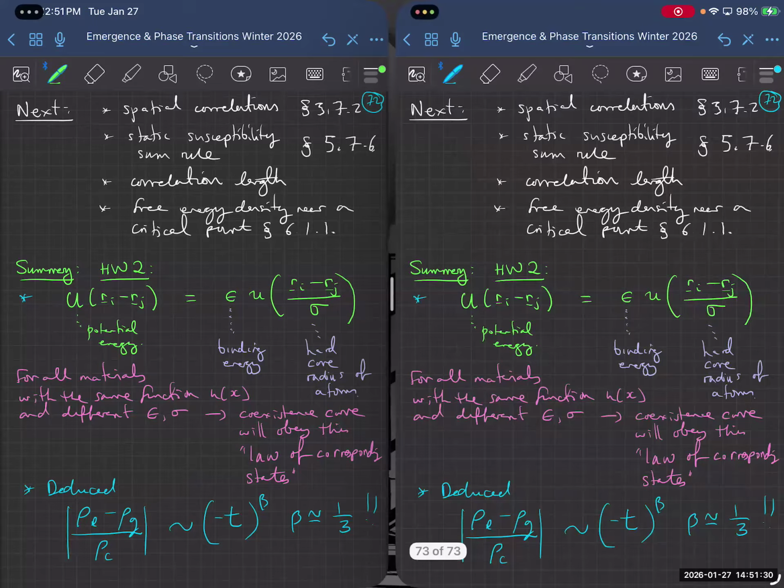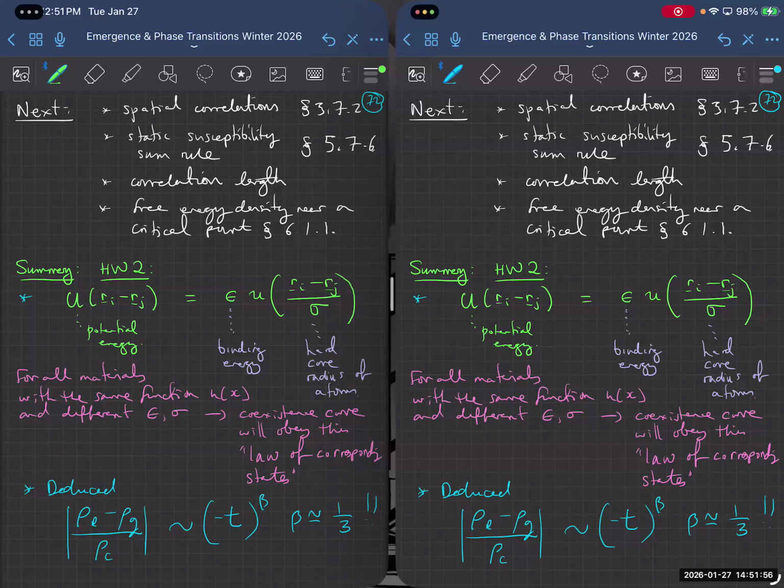So I'm going to show you what we mean by spatial correlations. That's how we quantify spatial structure. And then I'm going to derive for you a thing called the static susceptibility sum rule. I'm going to explain the susceptibility that we talked about last time, and show you that it is related to the correlations of fluctuations in the system by an exact result.